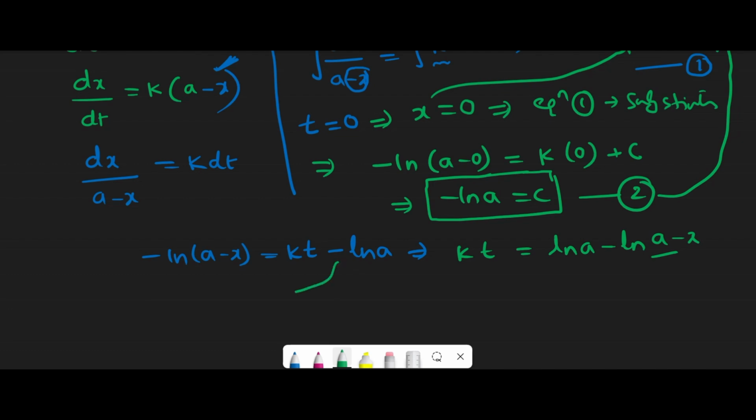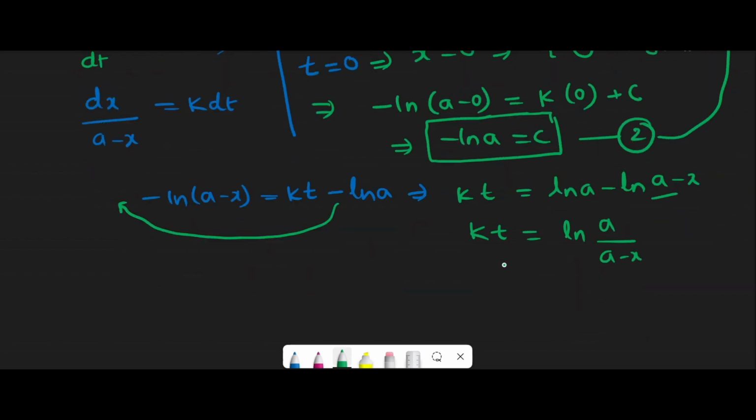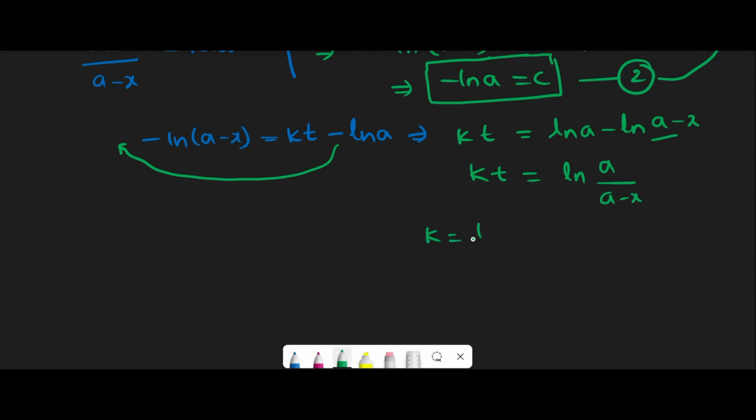I am taking this minus ln a to the other side and it becomes plus ln a. We know that ln a minus ln b is equal to ln a by b. Now k equal to 1 by t ln a by a minus x. This will be the rate constant for the first order integrated equation, clear.